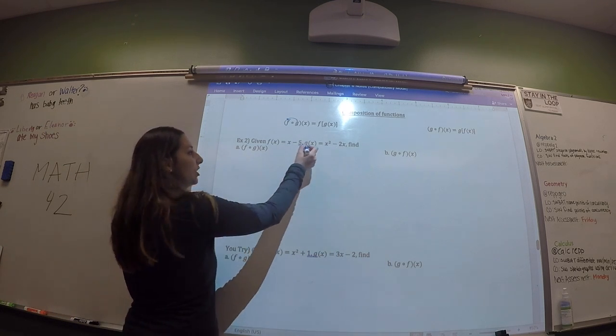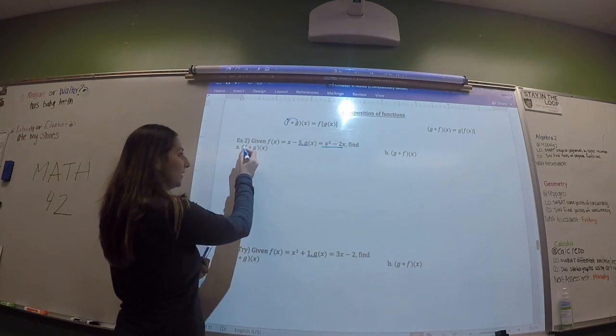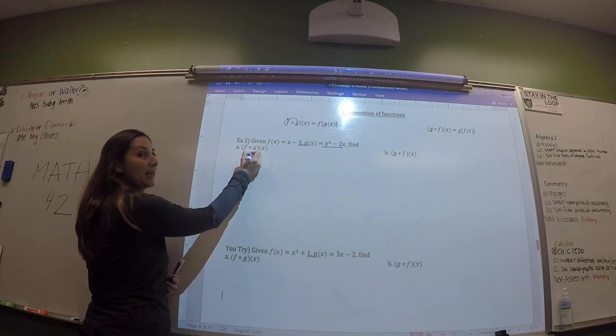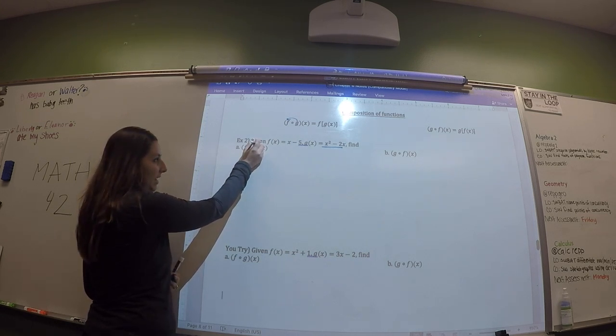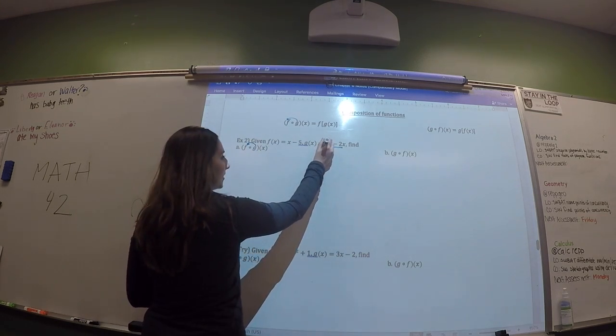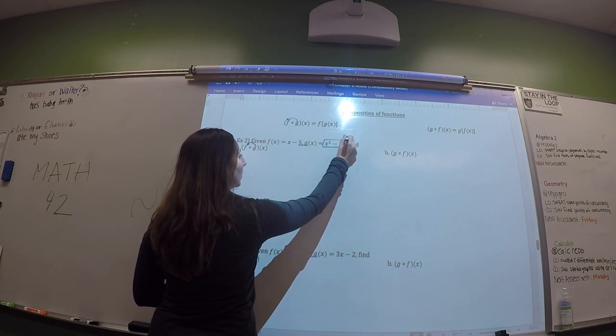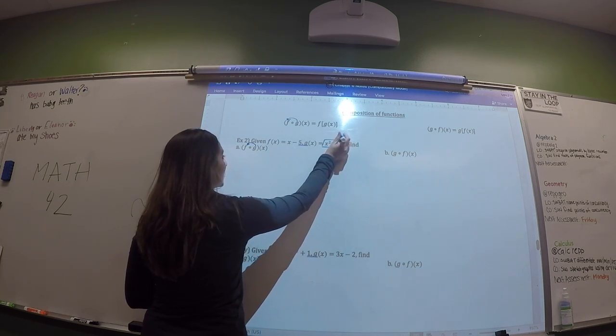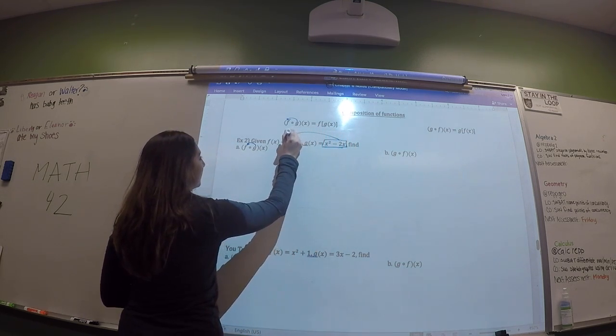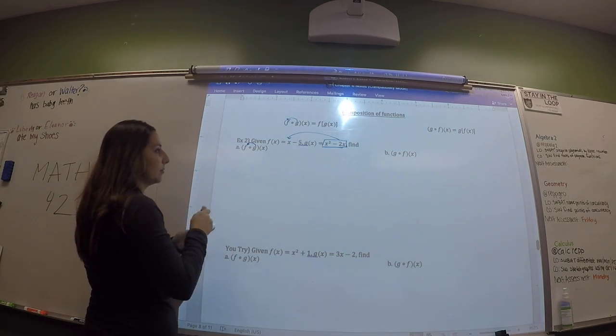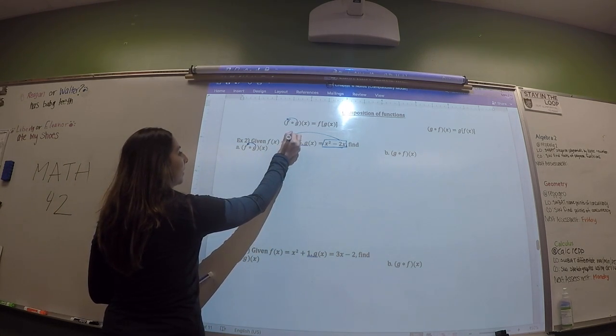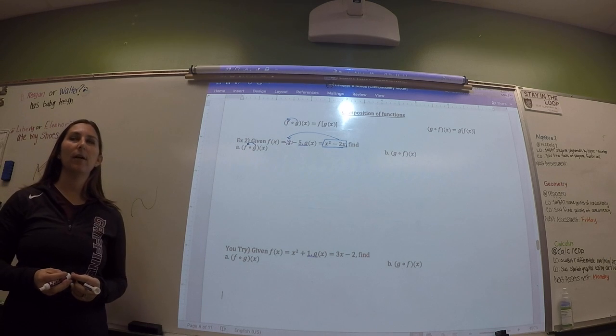So this is g. This says f of g of x. That means take g and substitute it in for f's variable.